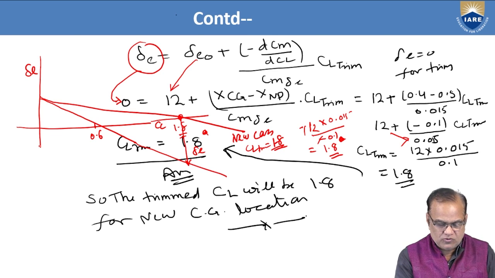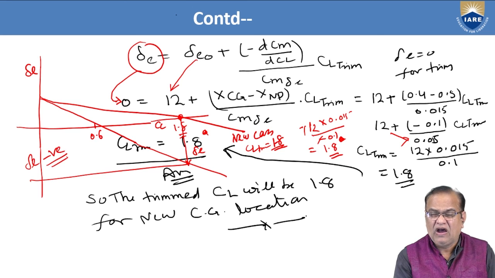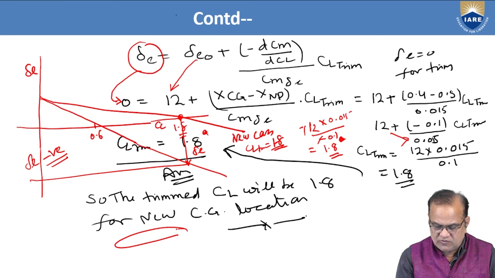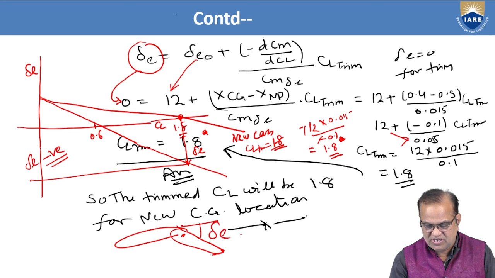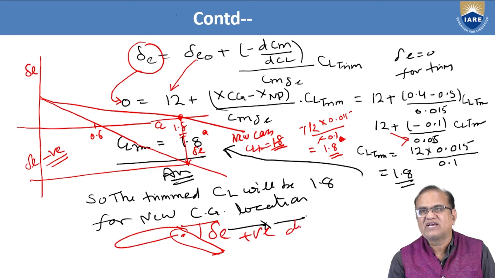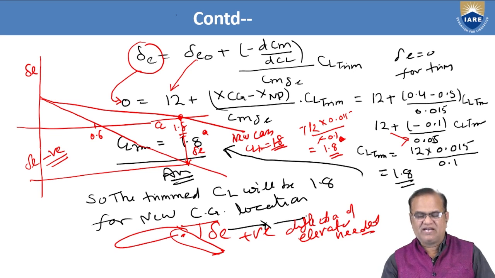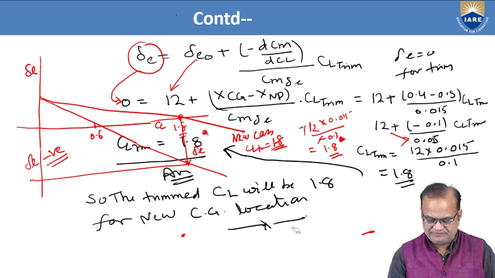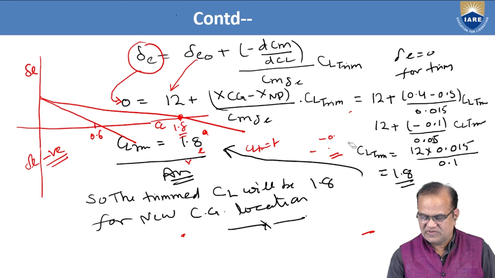This is the delta E negative it is creating. So we have to counter by positive. So positive means we have to give this much positive deflection of elevator needed.